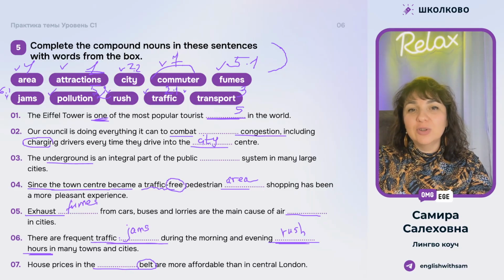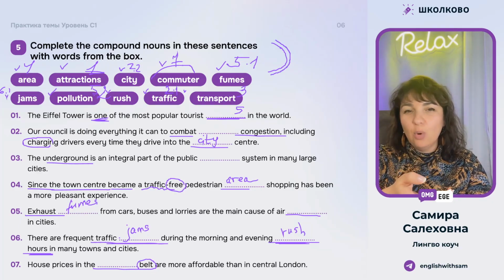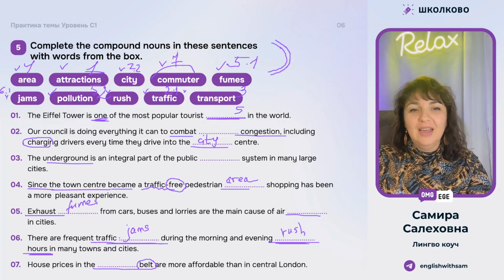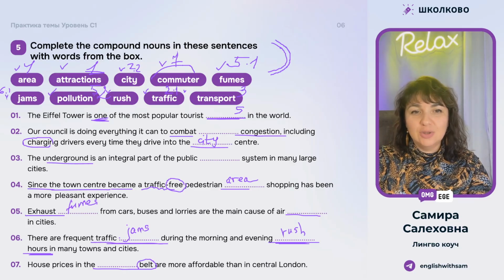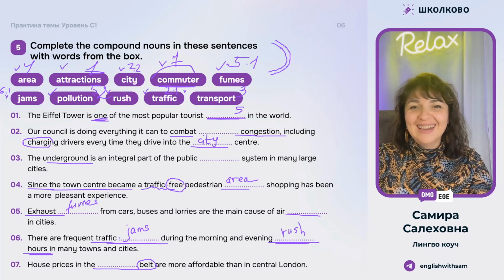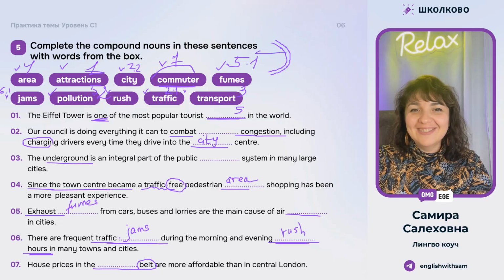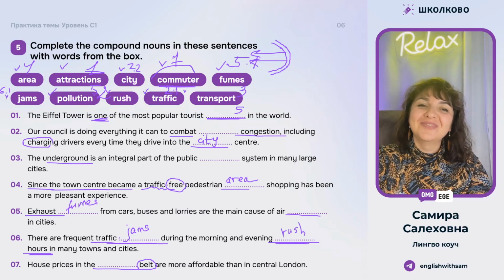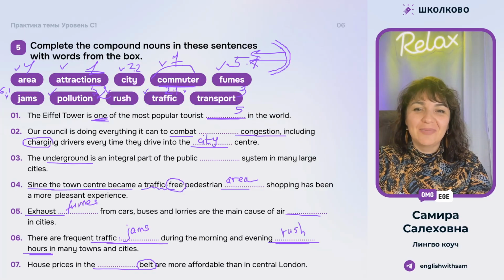И вот это называется commuter belt, то есть вот такая окраина города. Вот, поставьте, пожалуйста, 6, если все понятно. Что такое commuter belt? То есть это как будто бы та area, откуда люди ездят вот все туда на работу. Да, отлично.